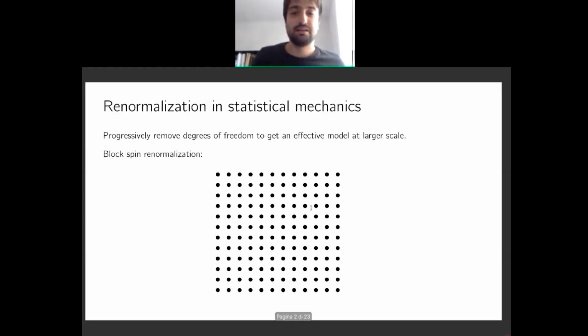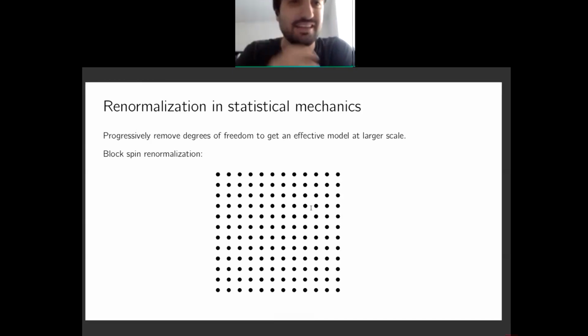This talk will be a little different from the others in this conference. It will be primarily about renormalization in classical statistical mechanics. So I will be talking about classical statistical mechanics models on a lattice, and in this context, renormalization is a process which progressively removes degrees of freedom from the system in order to get an effective model at larger scale.